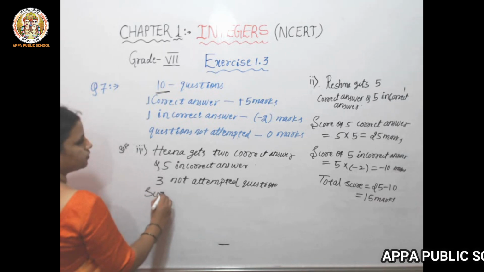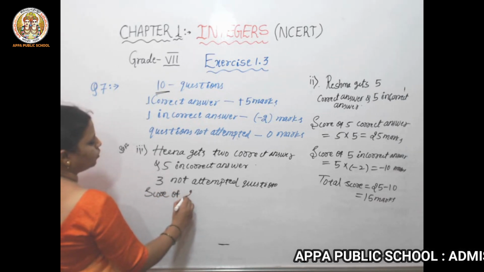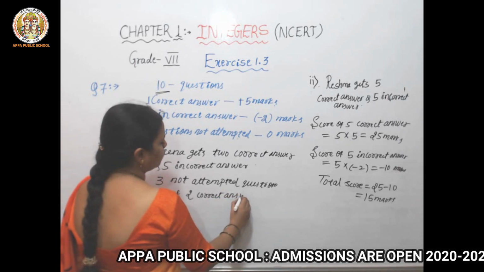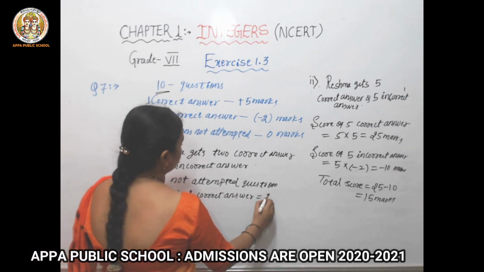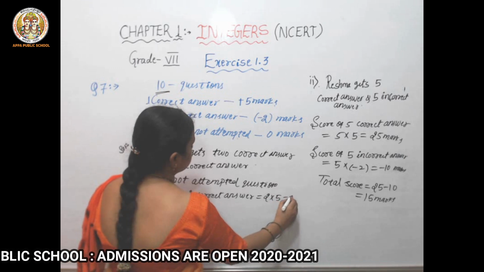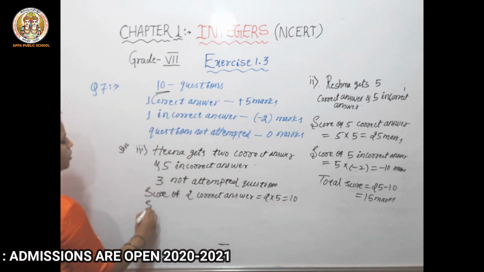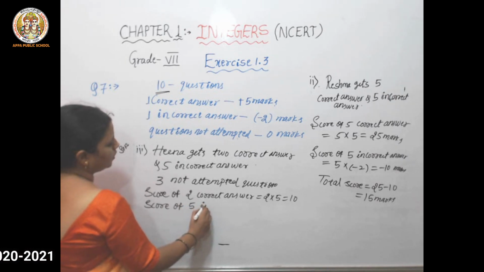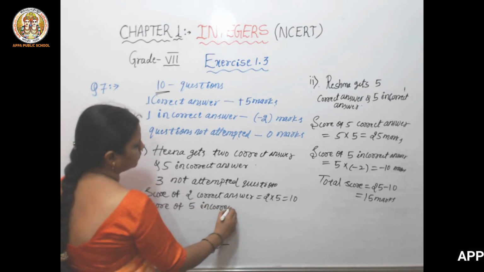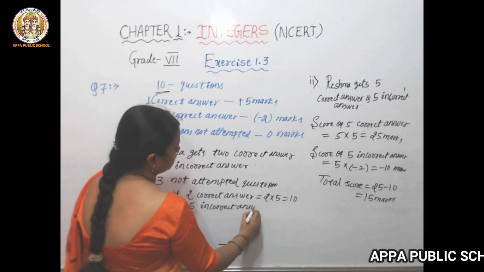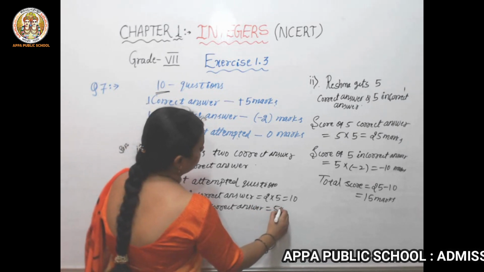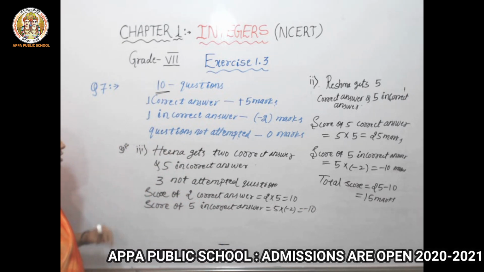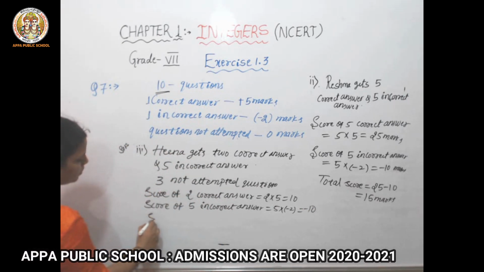Score of 2 correct answers is 2 into 5, which is 10. The score of 5 incorrect answers is 5 into minus 2, that is minus 10. And how do we calculate the score of not attempted questions?